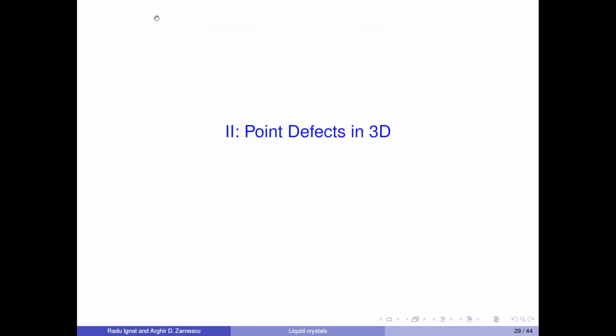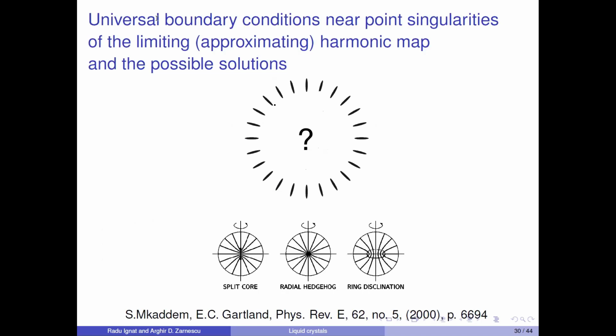Okay, 3D. Let me say something about it. In 3D, you can put again radial boundary conditions x over mod x, and then what can you do? Well, the simplest case is this one.